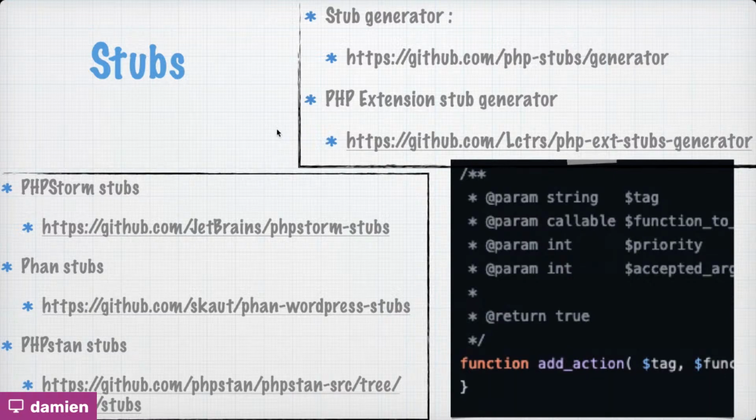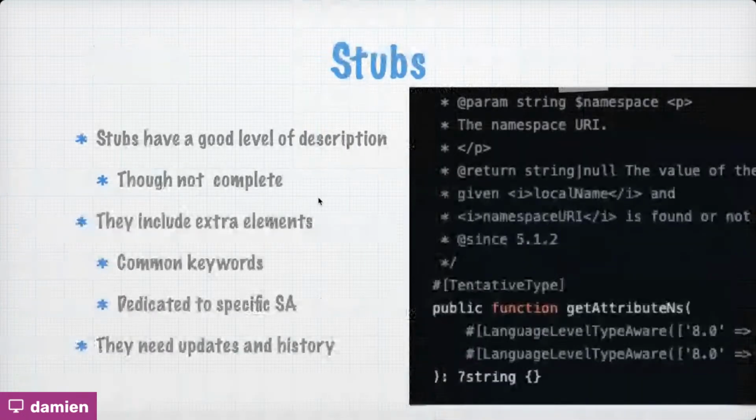The other detail you may notice when you check those stubs, even though it's a common concept now covering all the different tools, is that we end up with different specifications. The extra PHPDoc and/or the extra attributes may not be the same and may not be supported from one tool to the other. We'll see a little bit about that later.